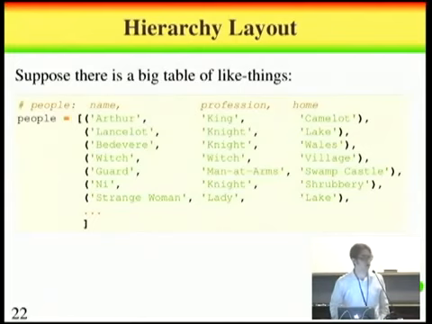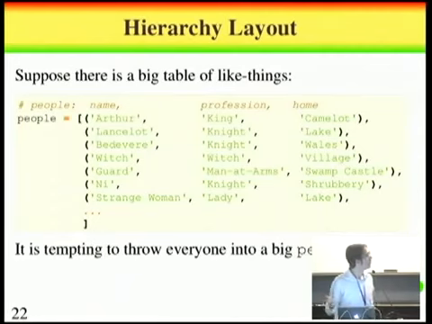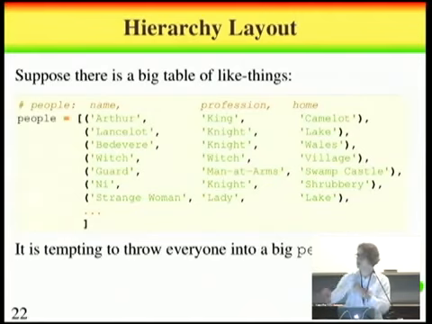And this is fine, and especially in a SQL-like paradigm, you might be tempted to just throw all people into a people table and leave them there, because everything exists in this flat namespace. And then you might look people up based on their profession and do a join or something later.